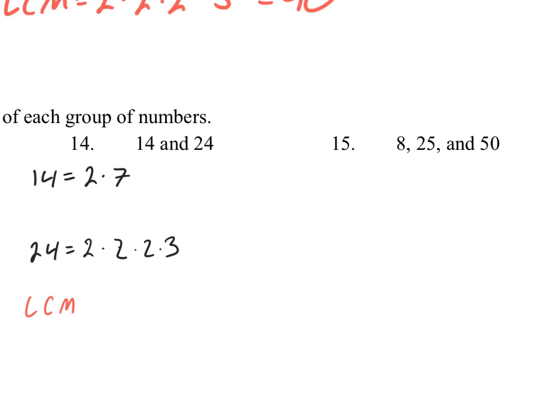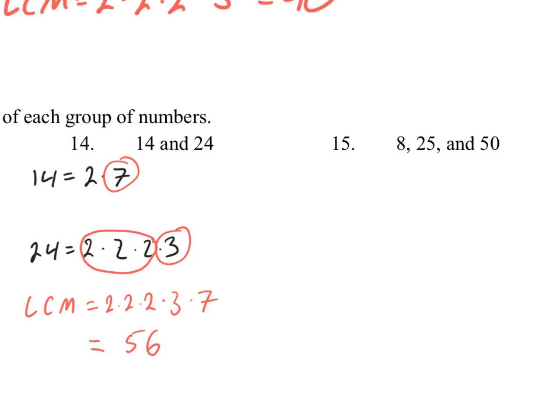If I'm looking at 2's, the most 2's occur in the factors of the 24, and there's 3 of them. The next prime number is 3. The most 3's occur in the factors of the 24, and there's 1. And then the next number I have in here is 7. The most 7's occur in the factors of 14, with the 7. You want to multiply those all together to find your LCM of 56.